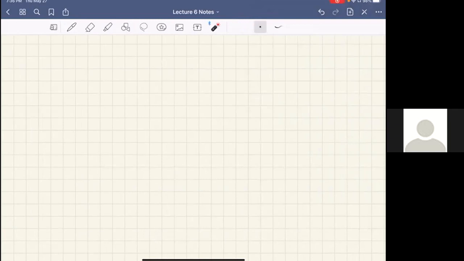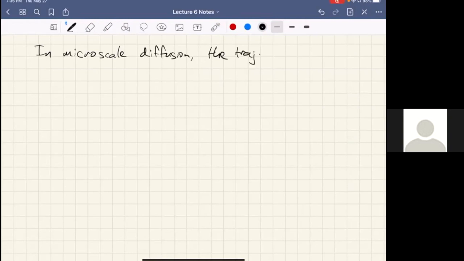So in microscale diffusion, the trajectories of individual molecules can be resolved.